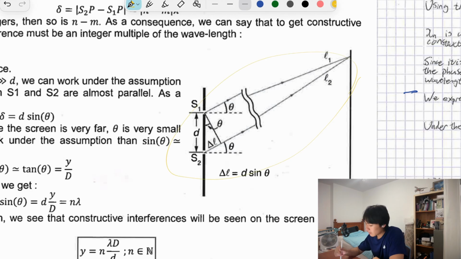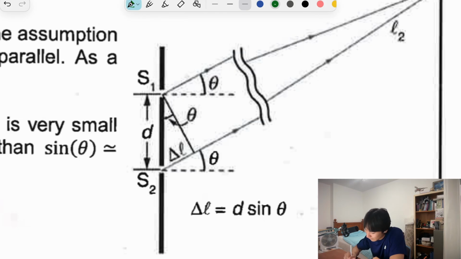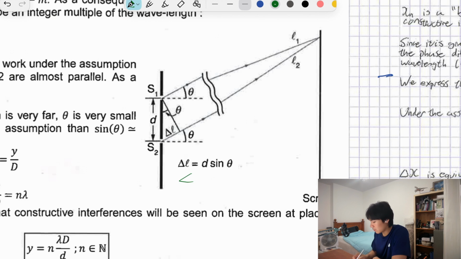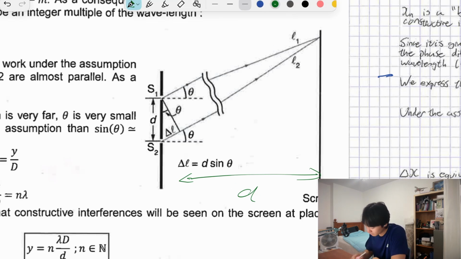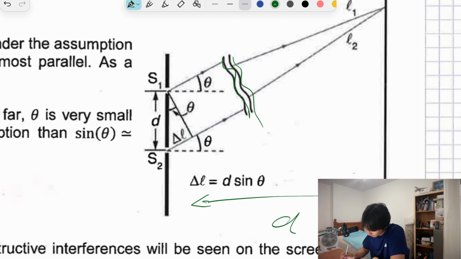I think this is a much better diagram, to be honest, but it's more complicated to draw, so I wouldn't necessarily recommend drawing this. But as you can see, if you zoom in to the waves, this is distance d, and the squiggly lines here mean that a long distance in between has been cut off. So by this assumption that these two angles are equal, we can say that this angle as well is equal.